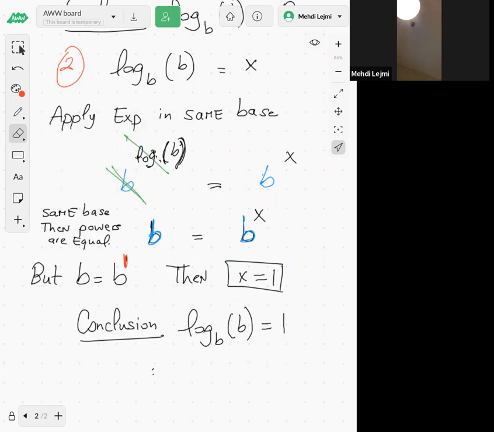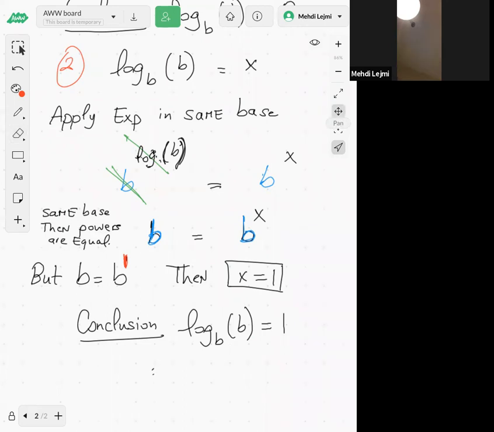So more properties of this log. Remember what we did for exponential? When you multiply exponential functions with the same base, then you will add the powers, etc. The same for the log.